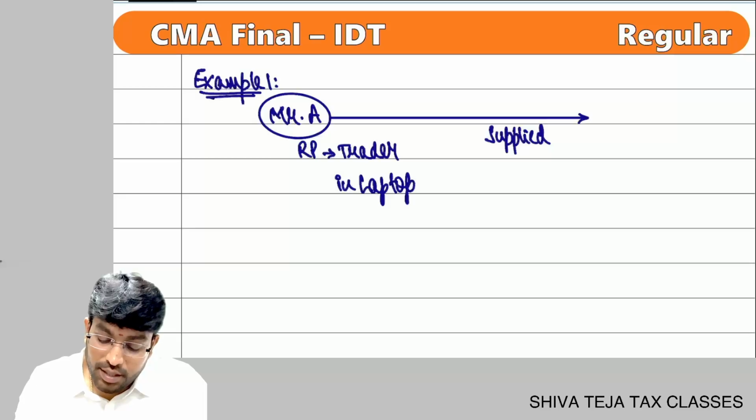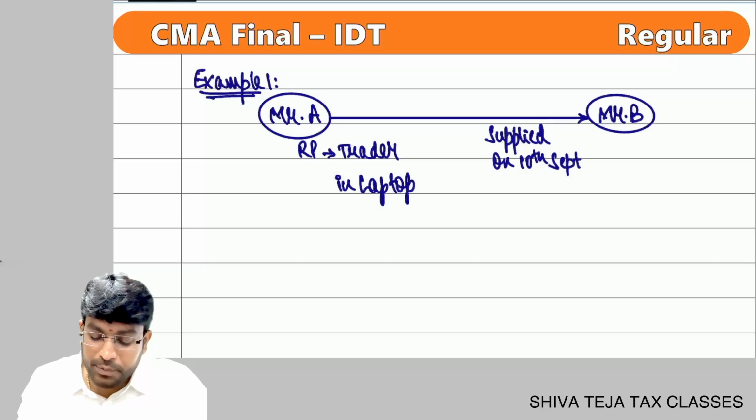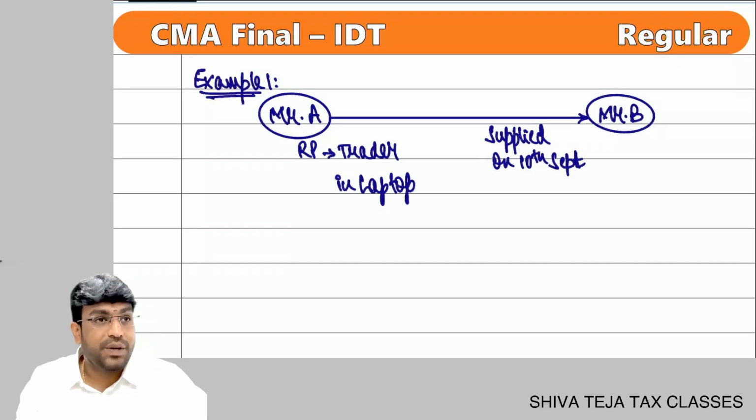Mr. A supplied to one person, Mr. B, on, let us say, 10th September.